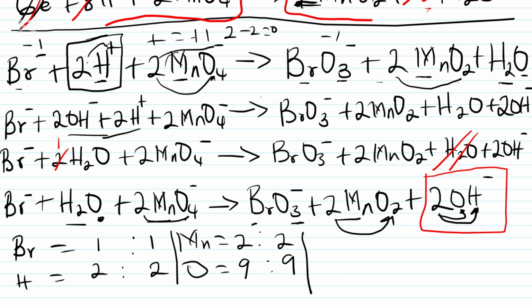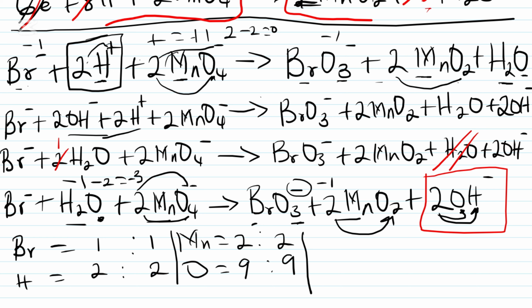Now, how about the charges? If you look at this very closely, right here you have a -1 from the bromine. So the 2 multiplies the -1. So we now have -1 minus 2, that's equal to -3. We have a -3 on the left. And how about the right? This one here is a -1.